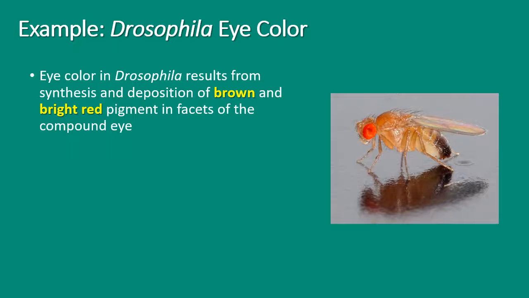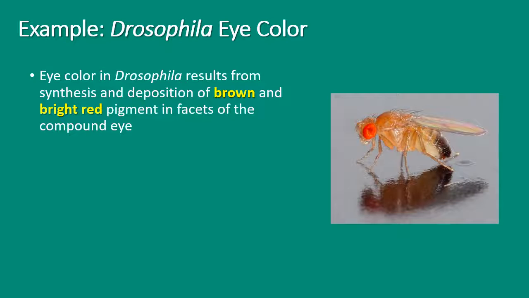A good example is eye color in Drosophila, and we're going to be coming back to this a lot in this chapter because a lot of the things that we talk about are what Thomas Morgan studied, and he studied these things in fruit flies.